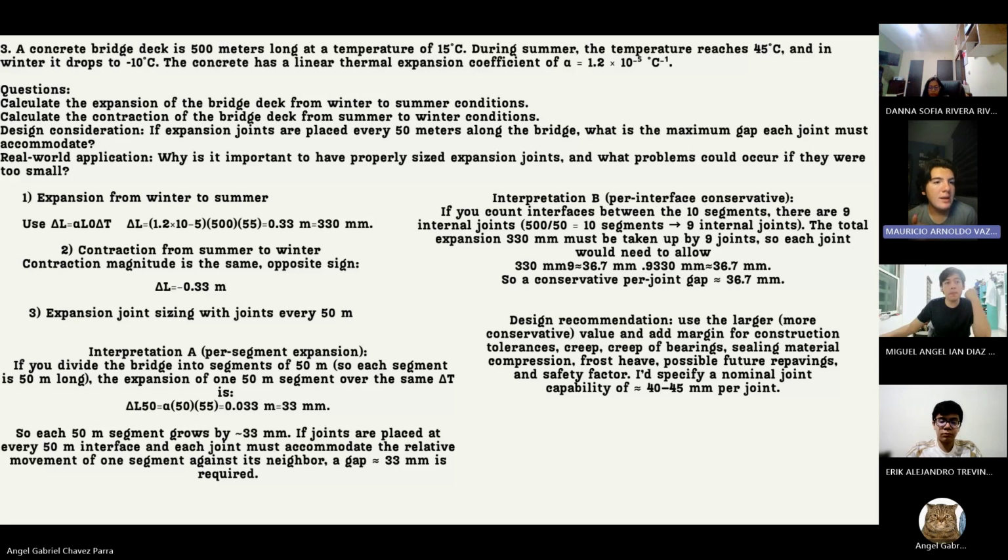Step 3. Expansion joints placed every 50 meters. Interpretation A, per segment expansion.